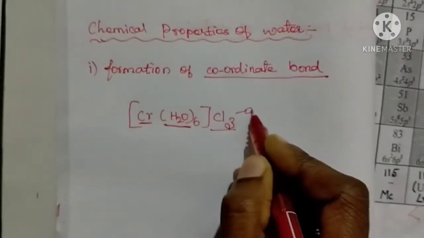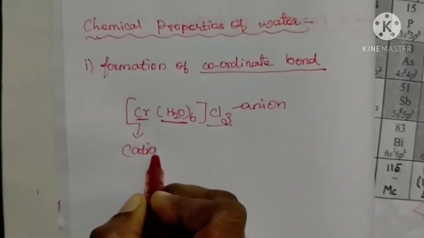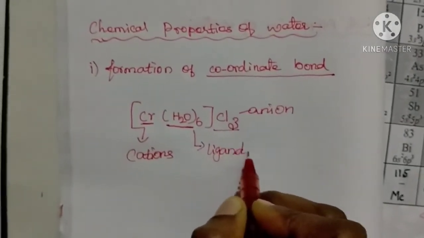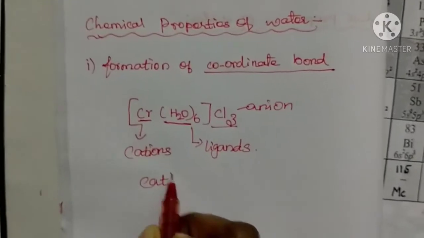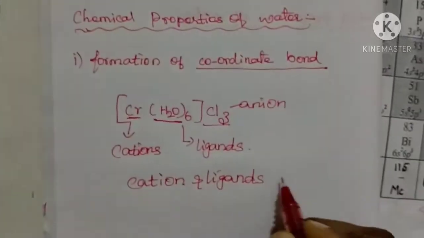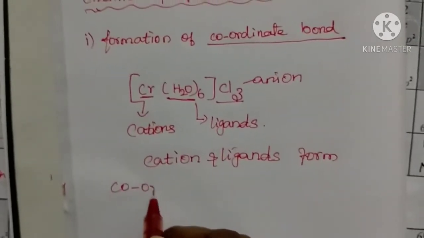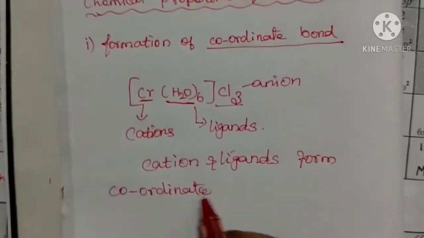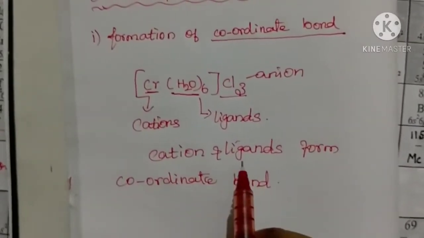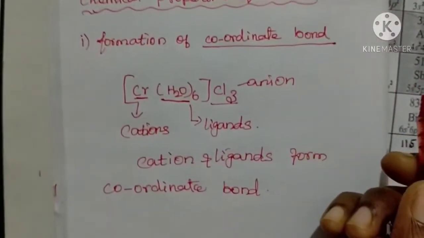Chlorine is the anion, chromium is the cation, H2O are the ligands, and the cation and ligands form coordinate bonds. If they form the coordinate bond between cation and ligands, that compound is known as a coordinate compound.